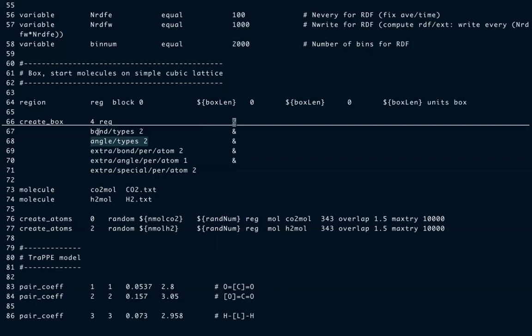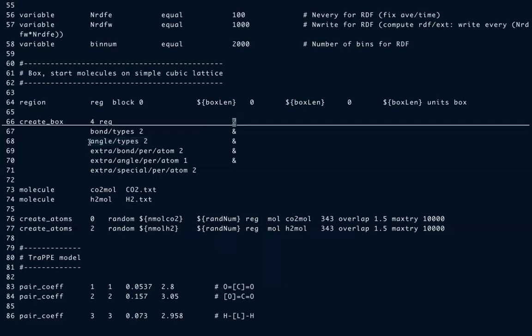And similarly, you have 2 bonds for hydrogen and the dummy atom for the hydrogen. So there are basically 2 bonds for each of these, but the bond type is just 2.